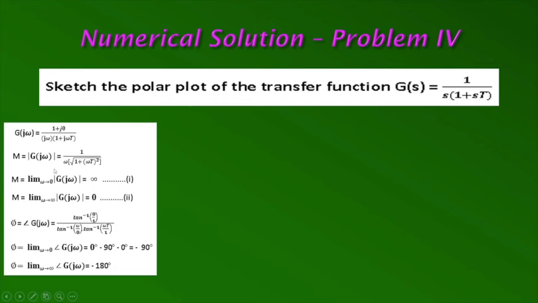Then taking magnitude, the magnitude is 1 divided by omega and root over (1 plus omega T) whole square. And the phase angle is equal to tan inverse 0 by 1, minus tan inverse omega by 0, minus tan inverse omega T by 1.